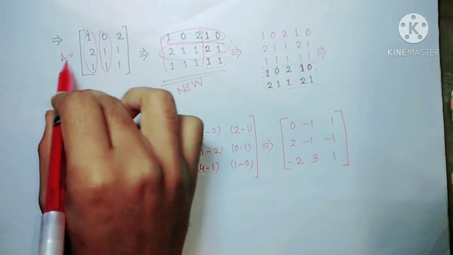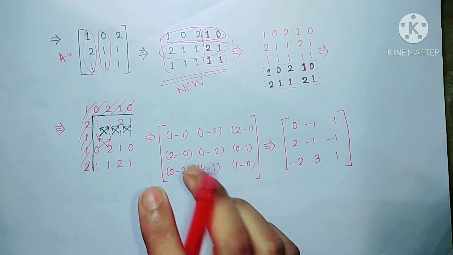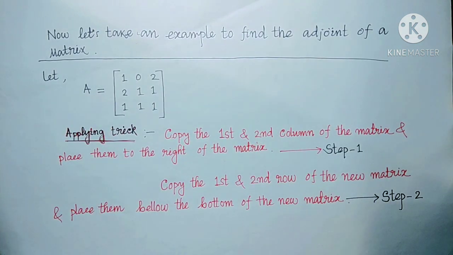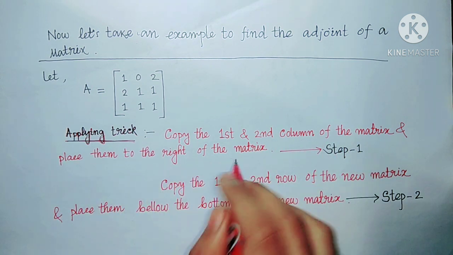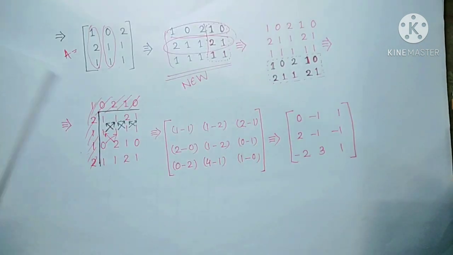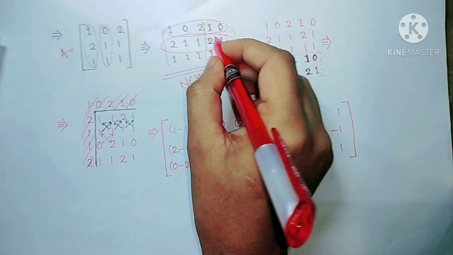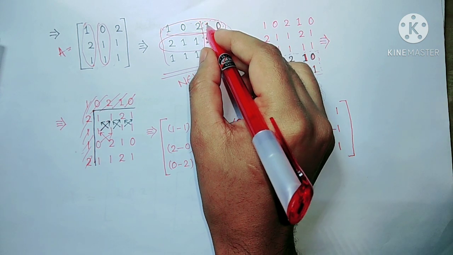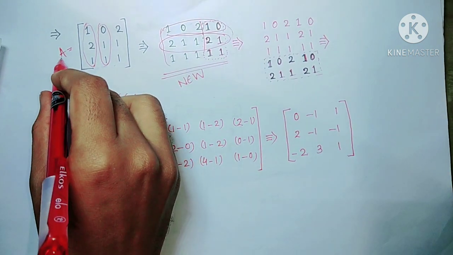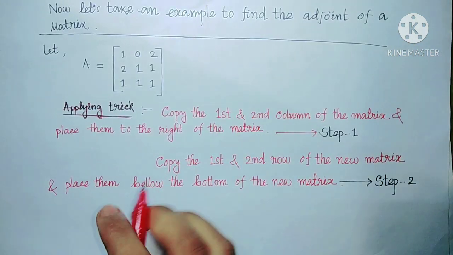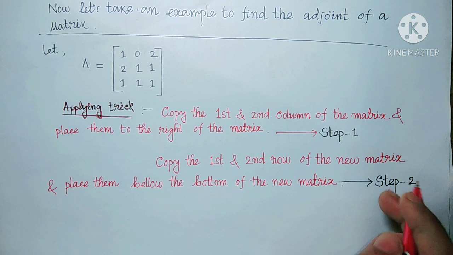So this is our matrix A. According to our trick, we first copy the first and the second column of the matrix and place them to the right of the matrix. This is step 1. I have already copied these two columns of the matrix A and placed them to the right. According to the second step, we copy the first and the second row of the new matrix.